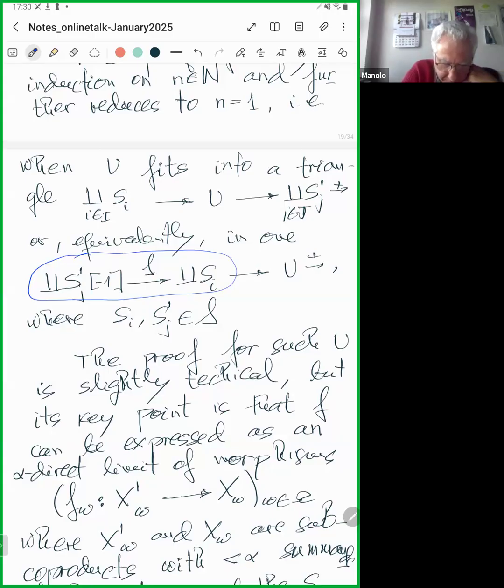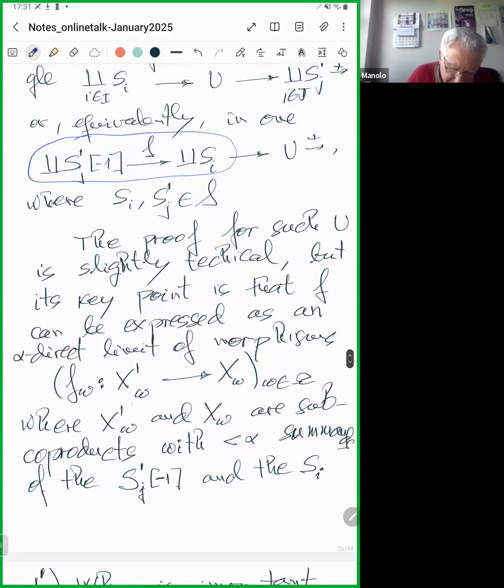In our case, it is the one that appears in the statement. Because the objects there are alpha compact, you can arrange that this morphism appears as a direct limit of morphisms, and all of these objects are going to be subcoproducts of these coproducts here. It is quite clear that any coproduct is going to be the direct limit of subcoproducts of less than alpha objects.